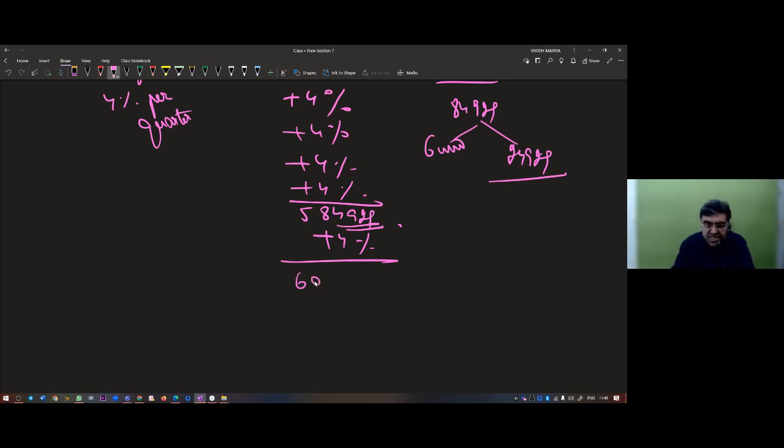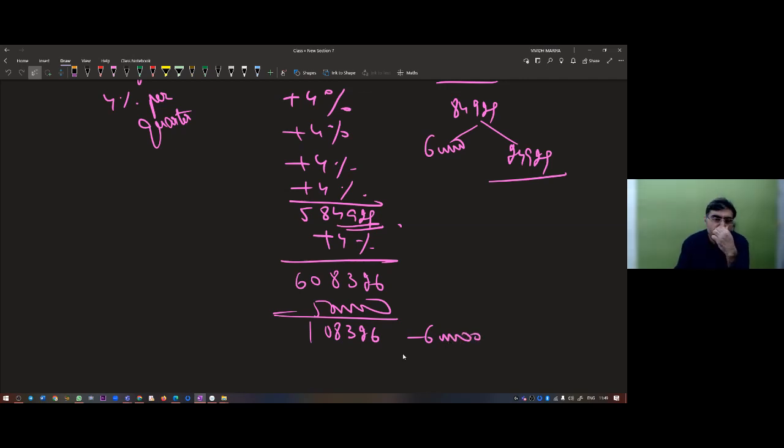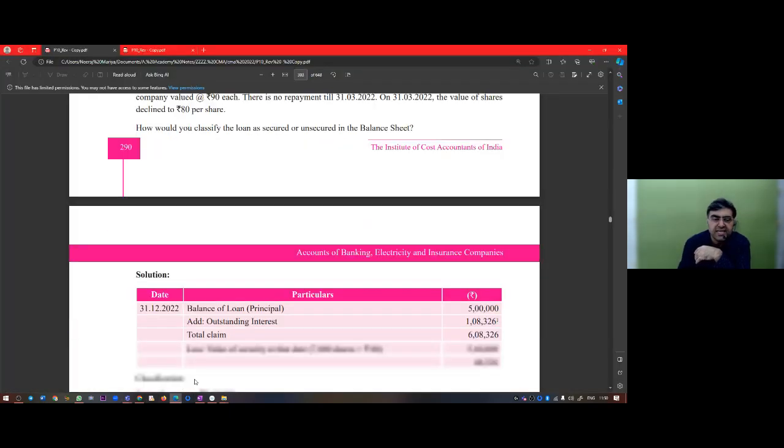The amount is 6,08,326 minus the principal amount. The interest is 1,08,326. 60,000 interest will be secured. The remaining 48,326 will be unsecured. Absolutely correct answer.